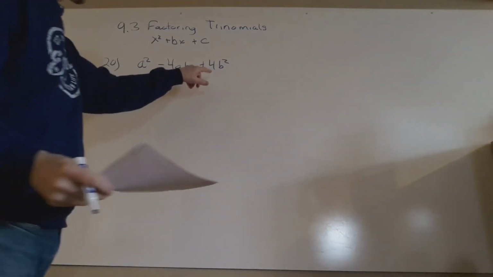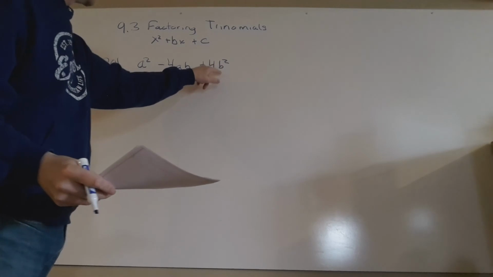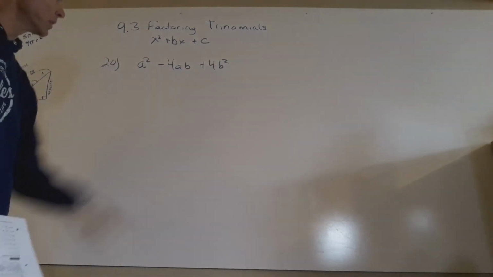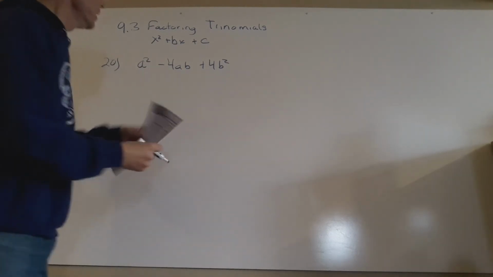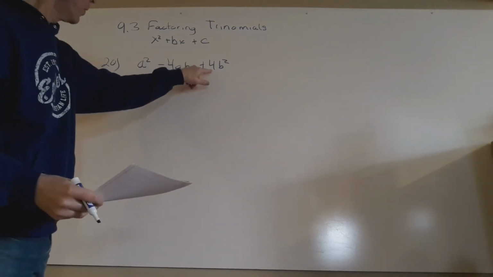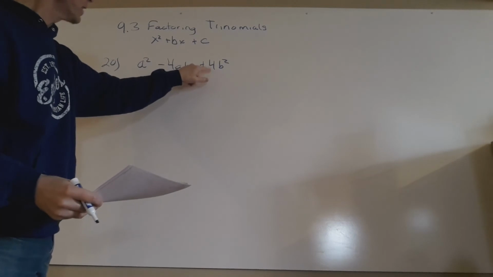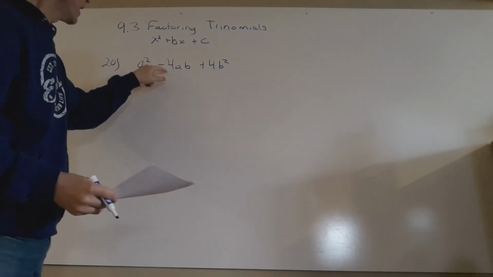The only difference is we just have a variable back here, so it's not that big of a deal. We just need to include a variable in our answer is all. So again, look at this number. It's a 4, and we're going to say two factors of 4 that add up to negative 4.